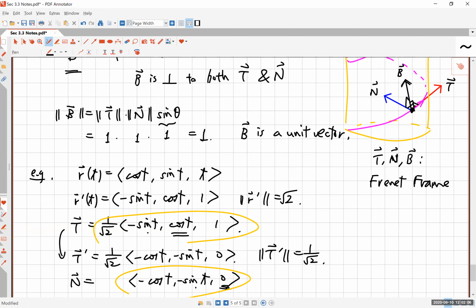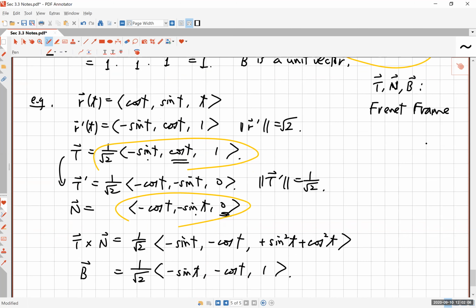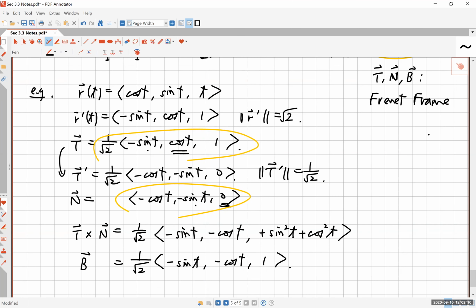So for instance, when t is pi over 2, let's try to summarize this. At t is pi over 2, that's 90 degrees since the start, T is going to be 1 over square root of 2 times (-1, 0, 1).